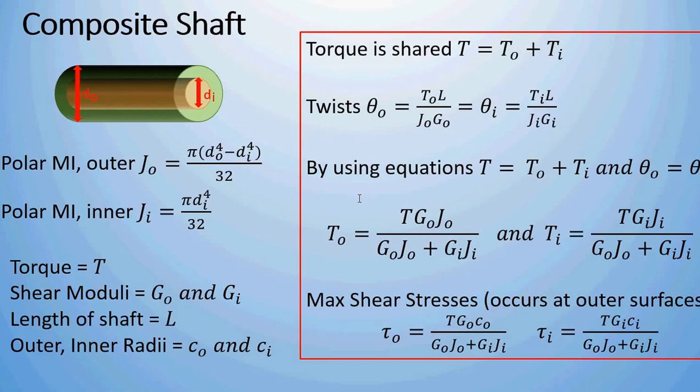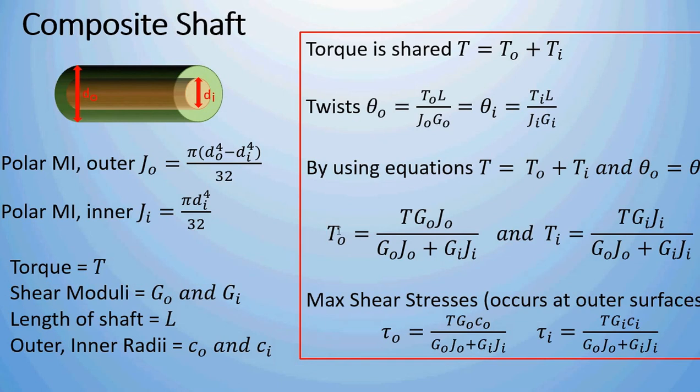Really, they're fractions of the full amount of torque. It's the torque multiplied by the respective shear modulus and polar moment of area, divided by the summation of each of those for the outer and inner material.